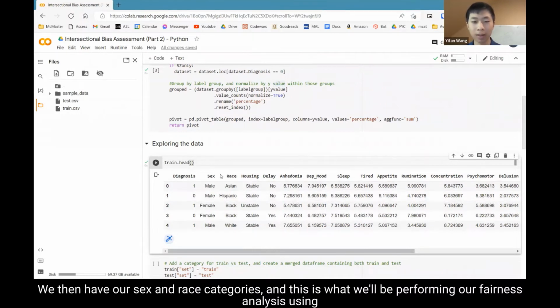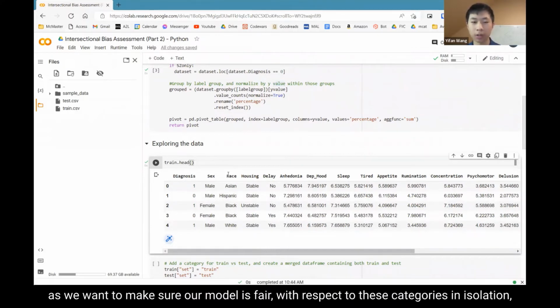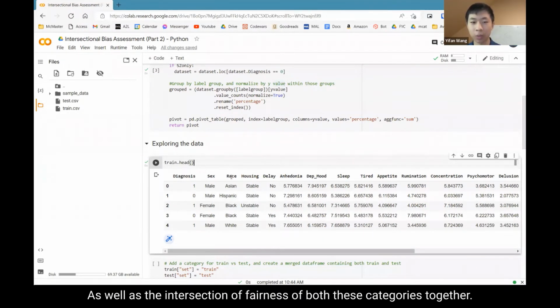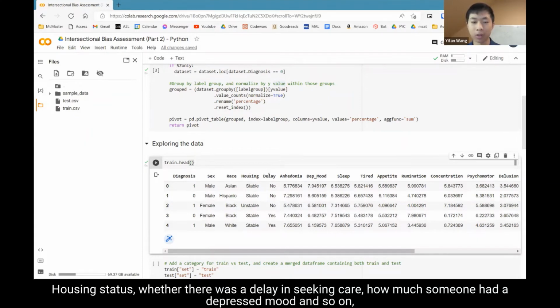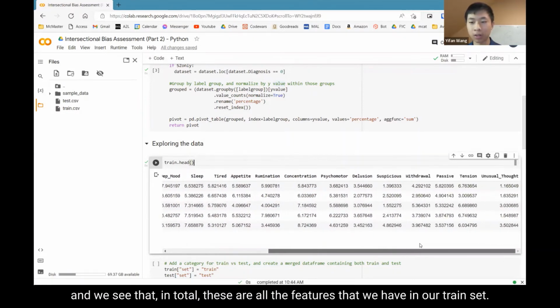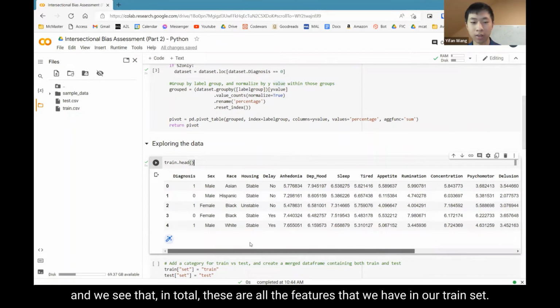We then have our sex and race categories, and this is what we'll be performing our fairness analysis using, as we want to make sure our model is fair with respect to these categories in isolation, as well as the intersectional fairness of both these categories together. We then have a whole bunch of other features that may contribute to a diagnosis, such as housing status, whether there was a delay in seeking care, how much someone had a depressed mood, and so on. And in total, these are all the features that we have in our train set.